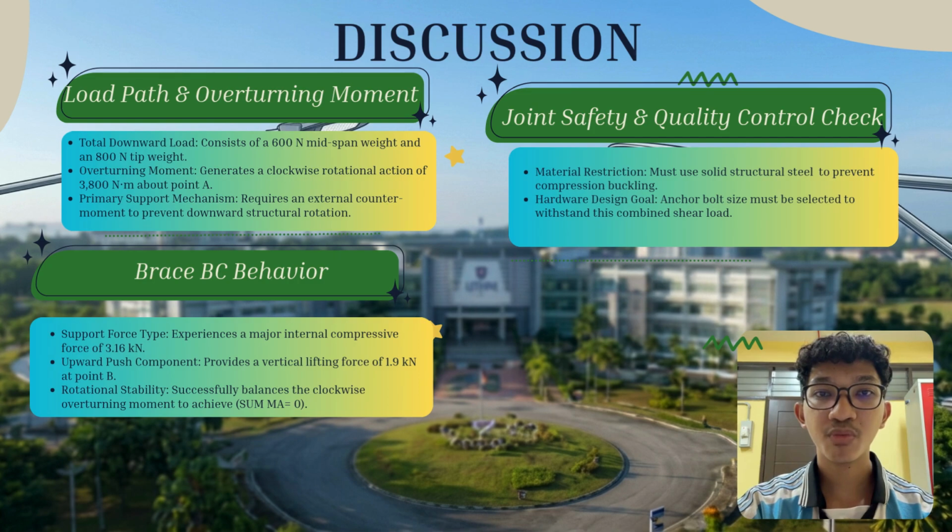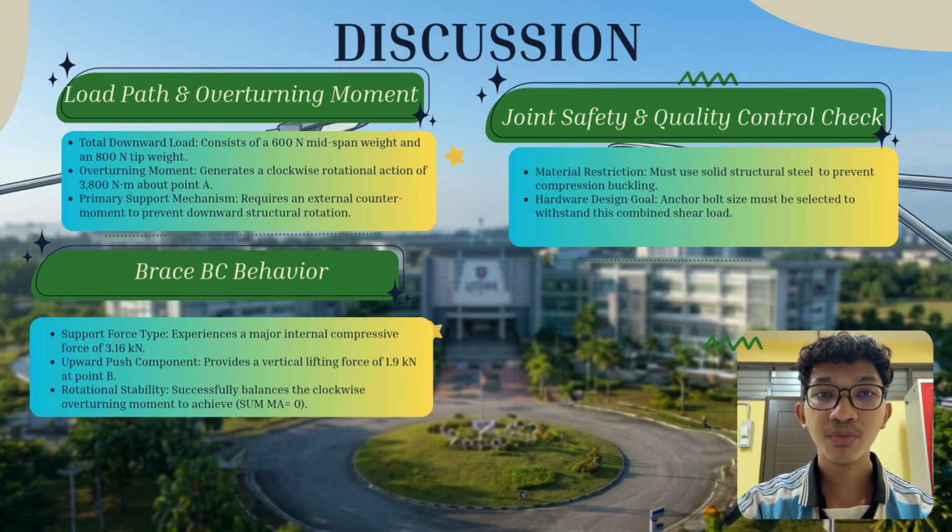The overturning moment generates a clockwise rotation action of 3800 Newton meter about point A. The support mechanism is required to provide an external counter moment to prevent downward structure rotation.